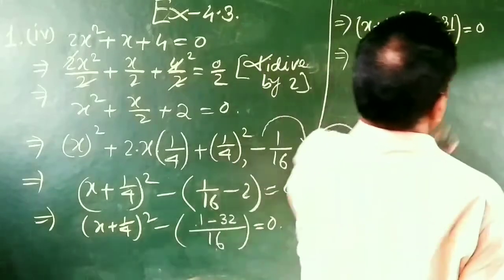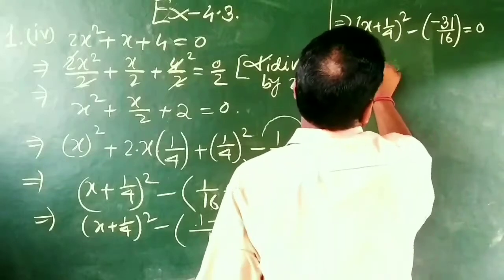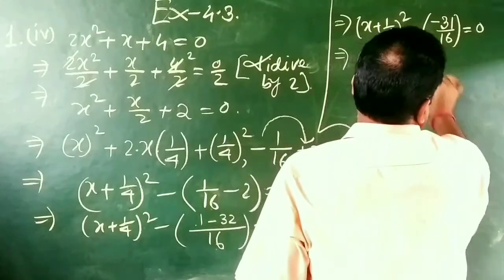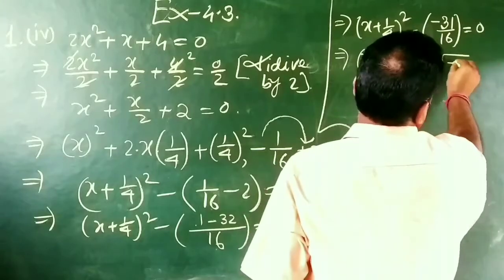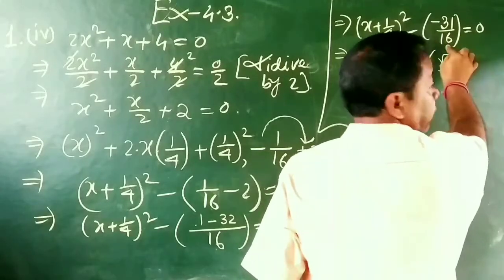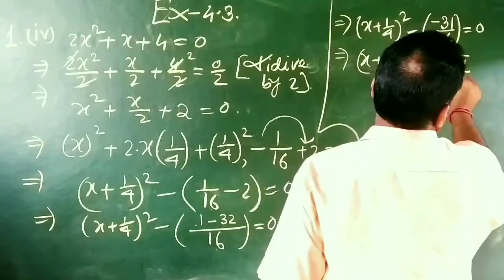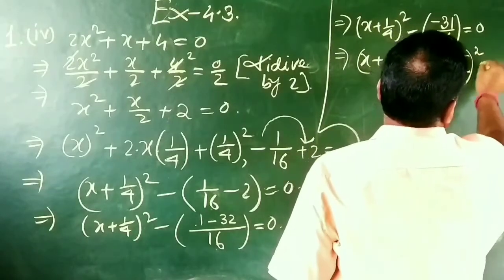Now we need to complete the square. Then x plus 1 by 4 whole square minus, we can write this term as root of 31 by 16; 16 being a perfect square, it is 4 square, equal to 0.